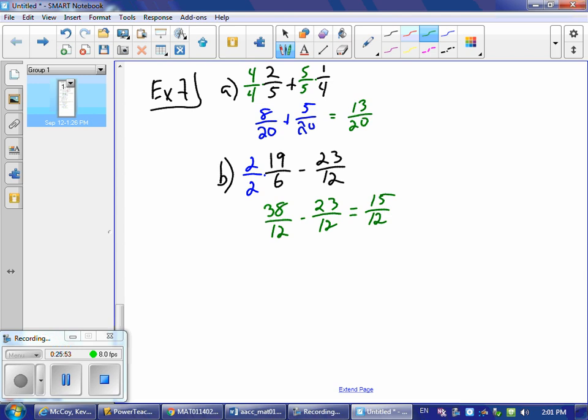Again, you could prime factor this, or if you can see that 3 is a number that goes into both the top and the bottom evenly, 3 goes into 15 5 times, 3 goes into 12 4 times, so my reduced fraction is 5 over 4. So 19/6 minus 23/12 is the same as 5/4.